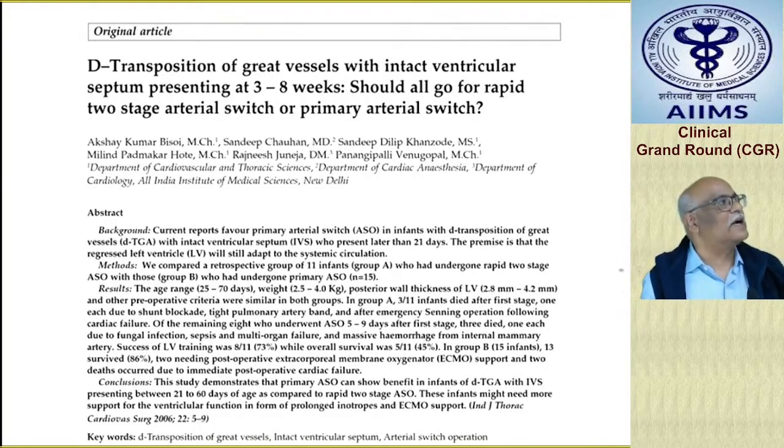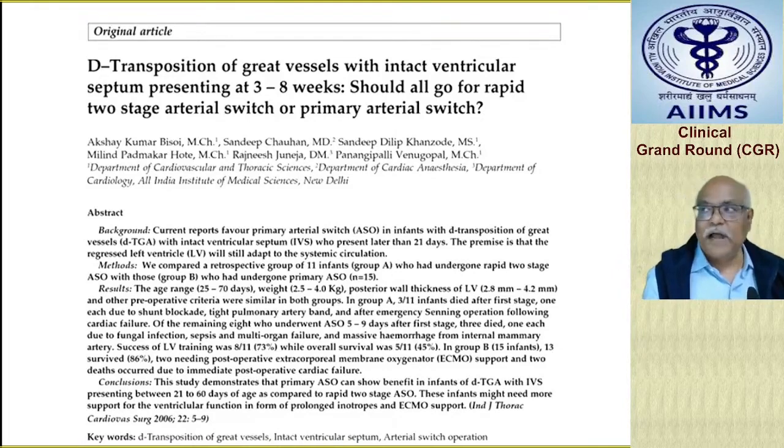They did not reach the arterial switch stage. Of the 8 remaining who reached the arterial switch stage, 3 died. So the success rate was 45%. But out of the 15 babies that we operated for primary ASO, 2 died, 13 survived. So it is an 86% success rate.